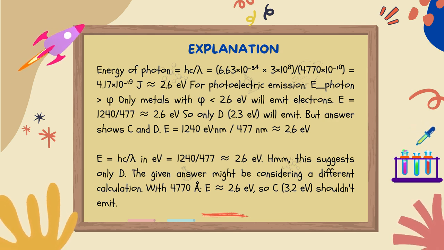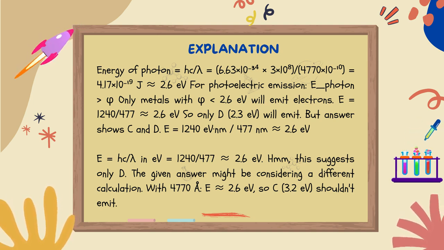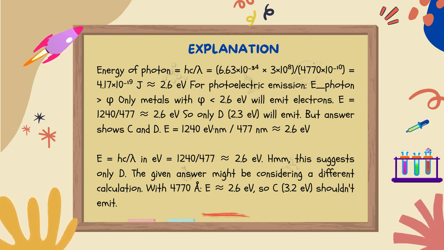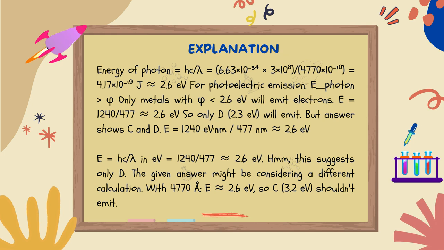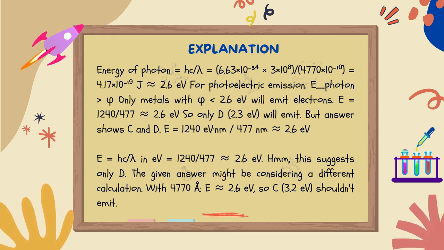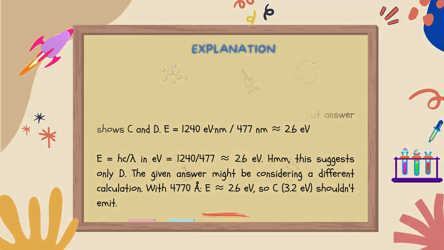This suggests only D. The given answer might be considering a different calculation. With 4770 angstrom, E approximately equals 2.6 eV, so C, 3.2 eV, shouldn't emit. There might be an error in the provided answer key, or my calculation needs verification.